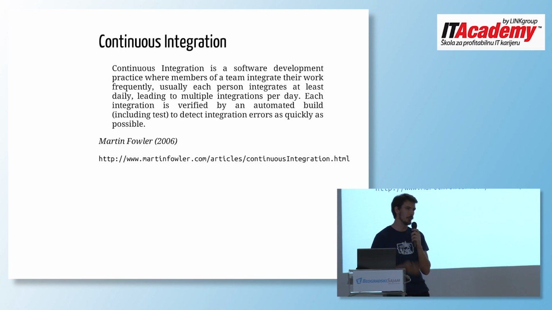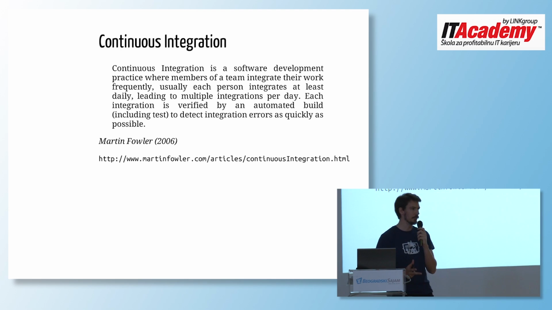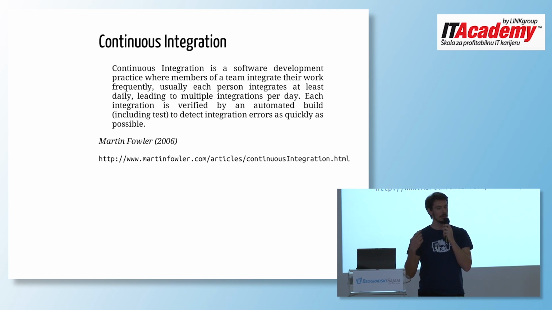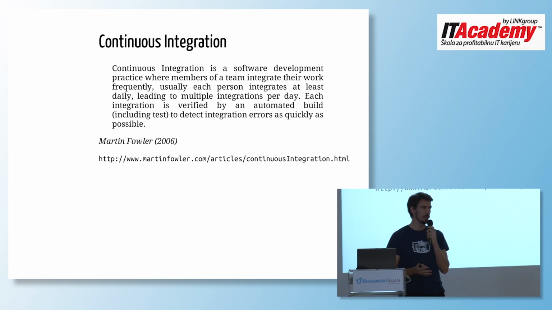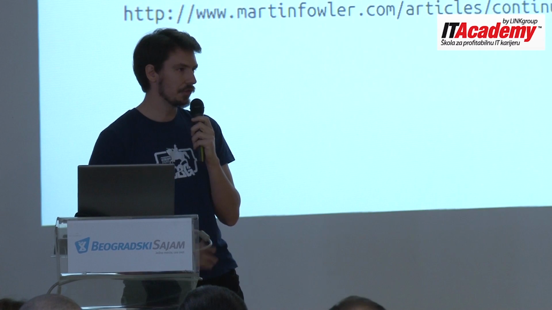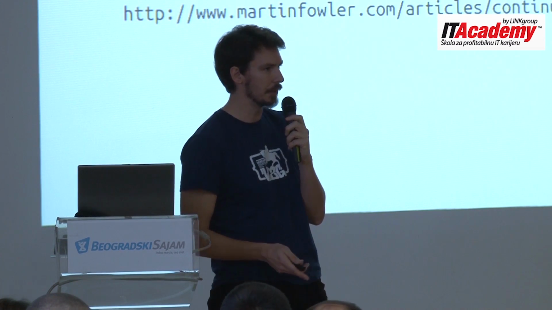You do it daily, you do it more often than daily. This way you will actually find any problems you have with merging your code soon. You will find it quickly, and you will have plenty of time to fix those problems before they become a serious issue. So earlier detection, earlier fixed, everybody's happy.